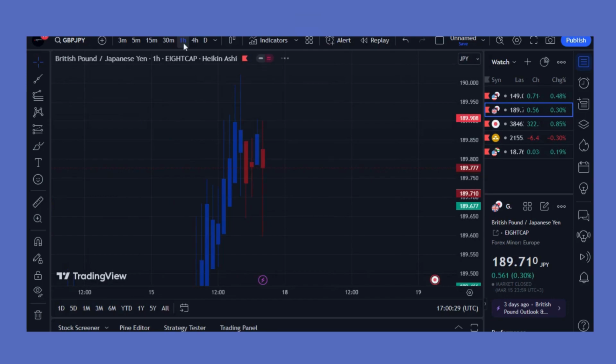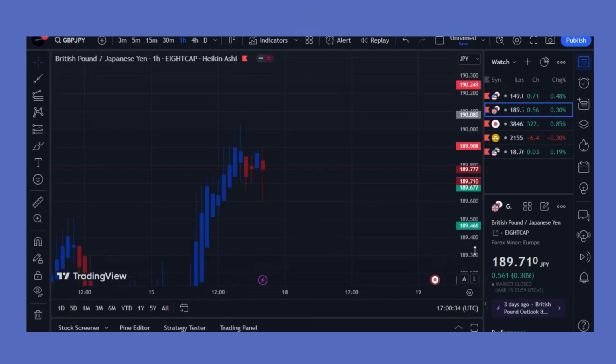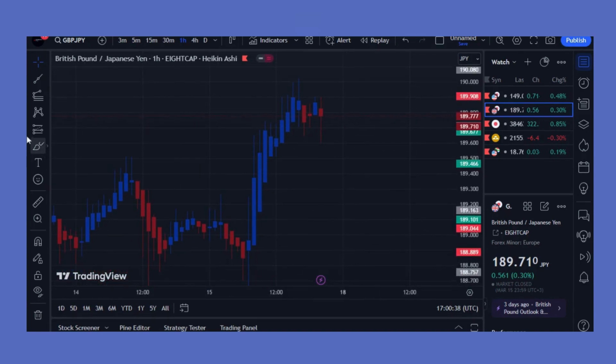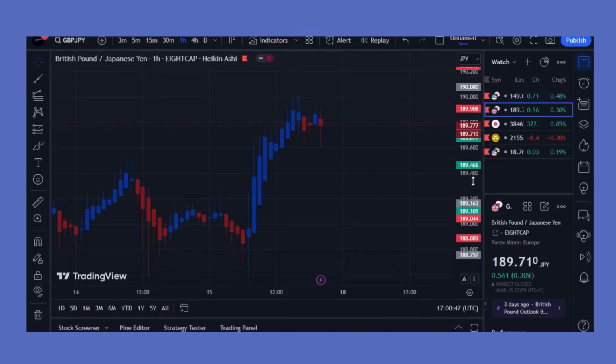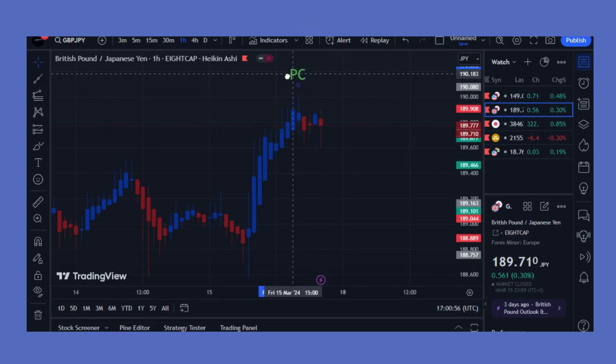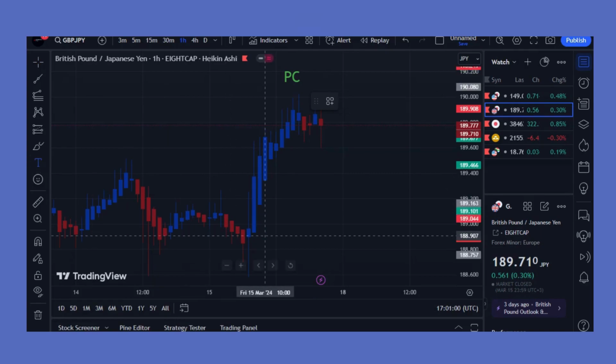First, looking for our price ceiling, price floor. Our next pair it's GJ. So GJ is as follows. So we have a price ceiling here. Move on to my price floor.